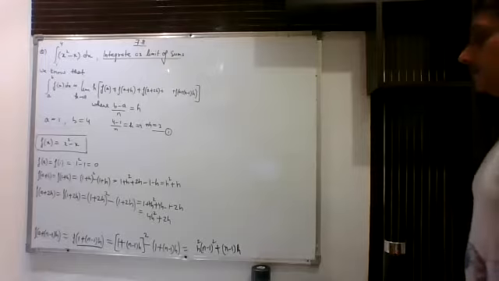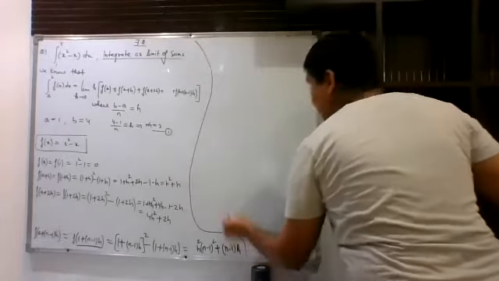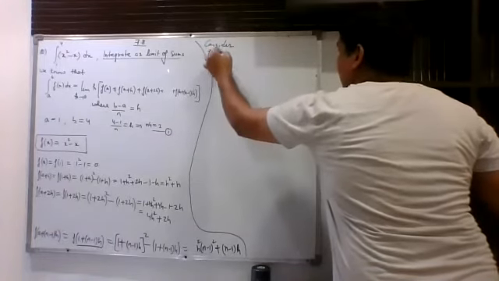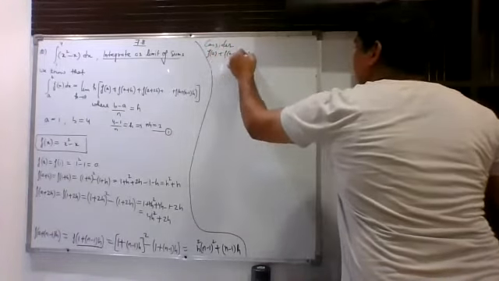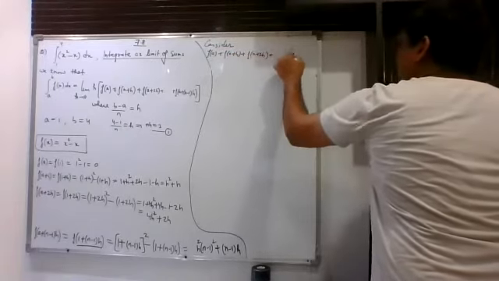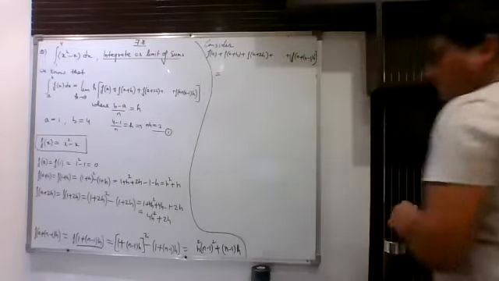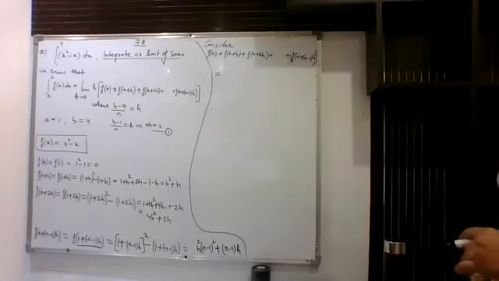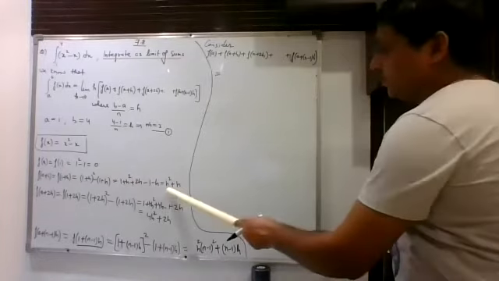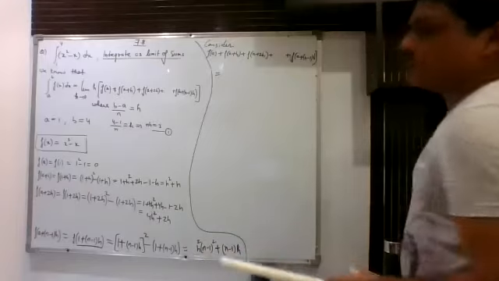Okay, now let us add them all. Let us consider f of a plus f of a plus h plus f of a plus 2h plus dot dot dot f of a plus (n minus 1) into h. Now again we will try to make series. If you observe the nature of these iterations, everywhere you are getting two terms, so you will get two series here.